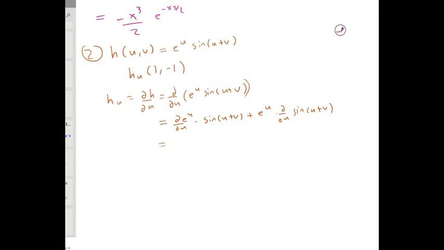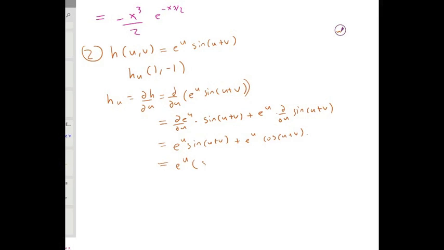So the derivative of e to the u is just e to the u times sine of u plus v, and we have e to the u again. Derivative of sine of u plus v, we're going to have cosine of u plus v times, using chain rule, du, but that's just going to be 1. So just forget about that.